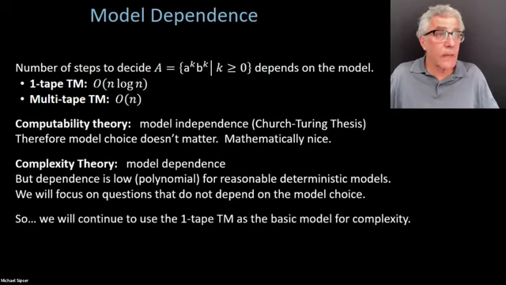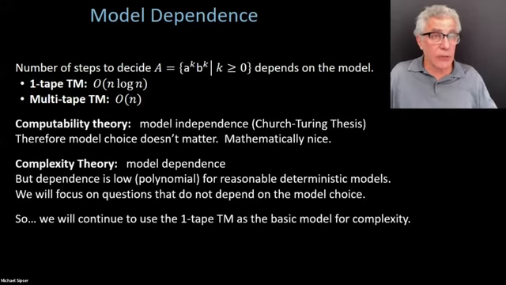Okay. So with that in mind, we're going to continue to use the one-tape Turing machine as our basic model of complexity, since the choice among the reasonable deterministic models is not going to matter from the perspective of the kinds of questions we're going to be asking.